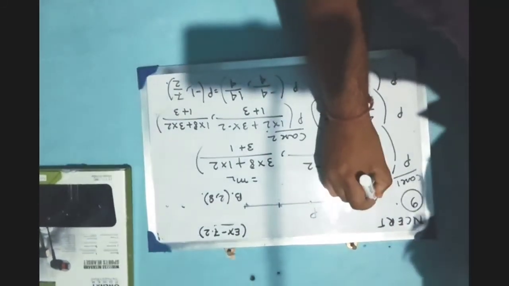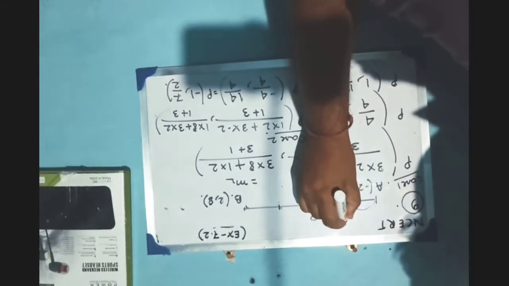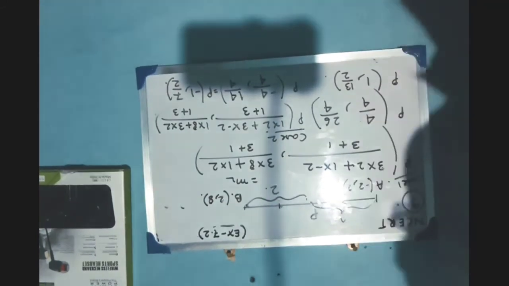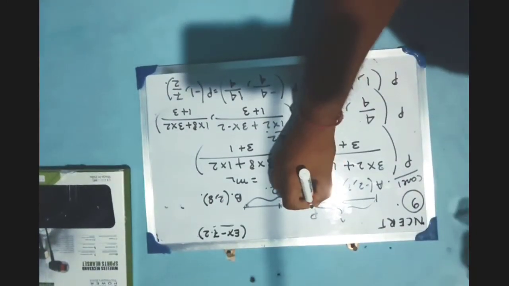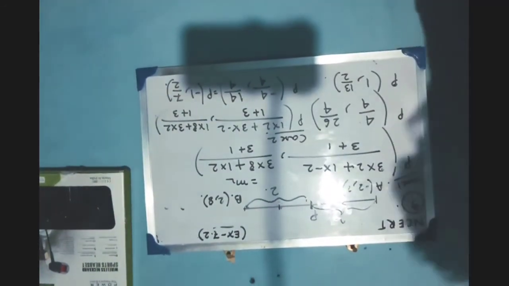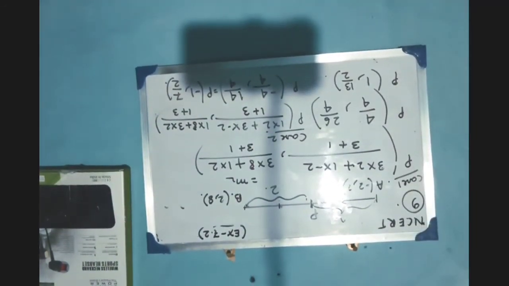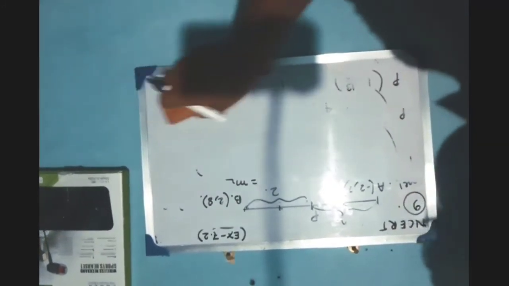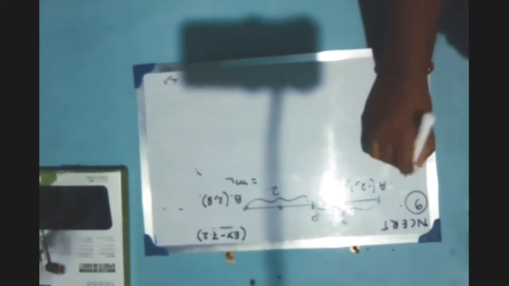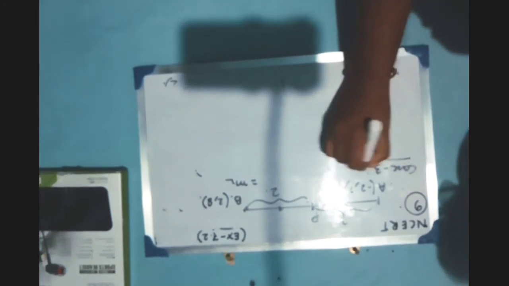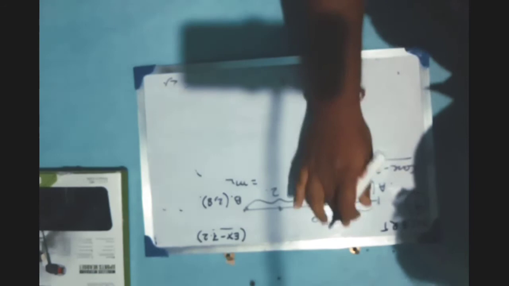In that case this will be 2 and this will be 2, which means it will become the midpoint of A and B. In this case, the ratio will be the same.